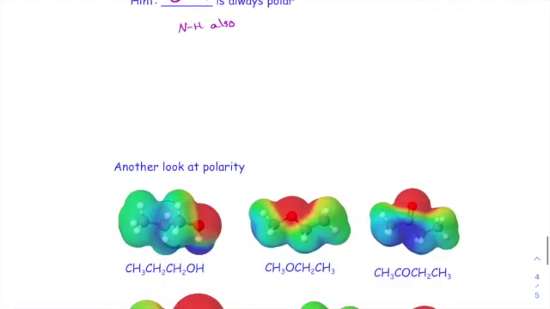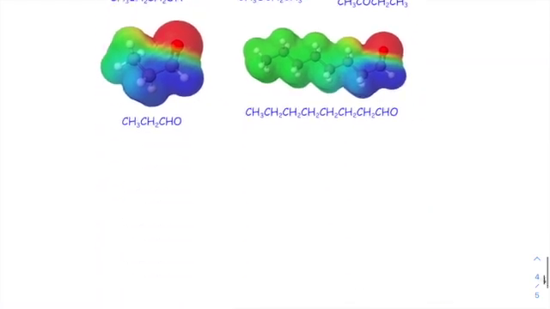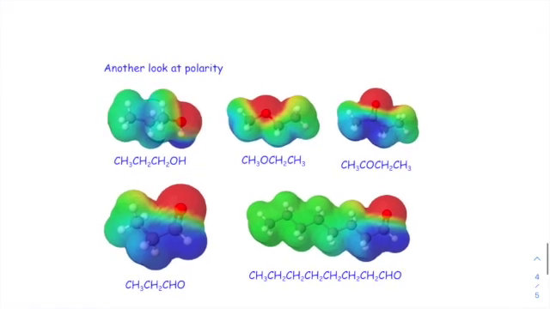All right, here's another look at polarity. So the first four all have 3 carbons and an oxygen. These two, we have the alcohol and the ether.